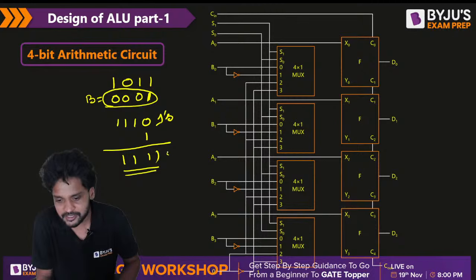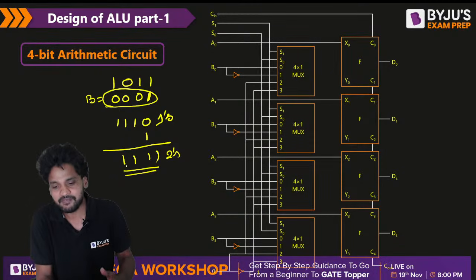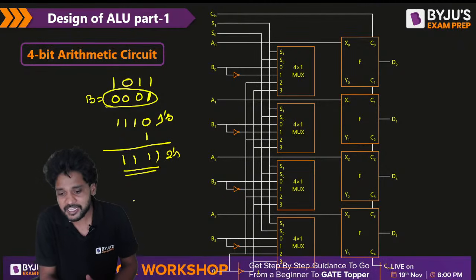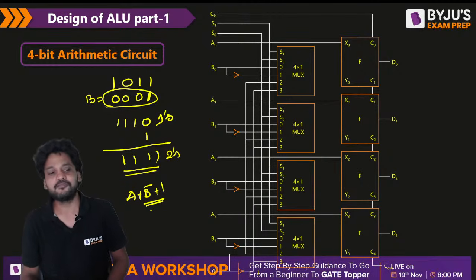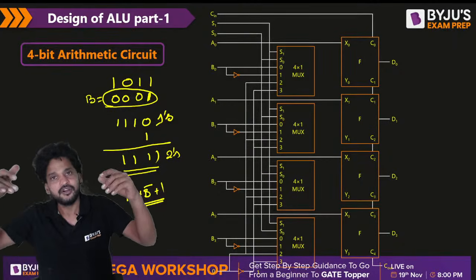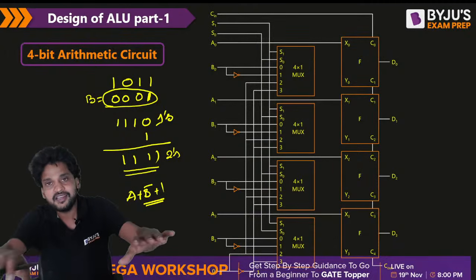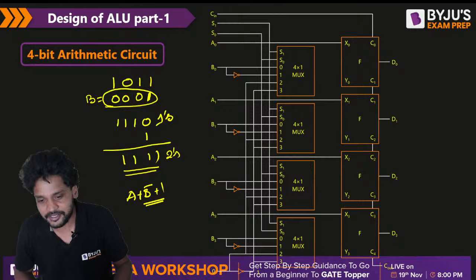So this is the 2's complement of B, which is 0001. So when 1111 gets added, actually we are performing A plus B's complement plus 1, the 2's complement of B only, right? We are not moving anywhere outside. We are exactly confined to the semantics of the processor. I hope I made my point very clear here.